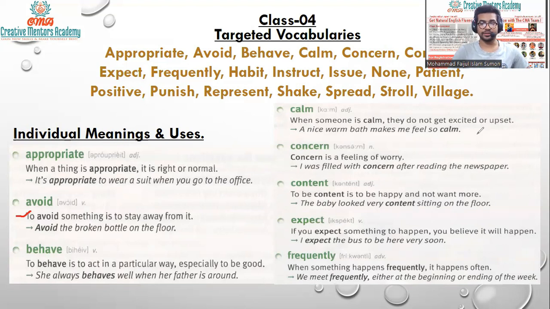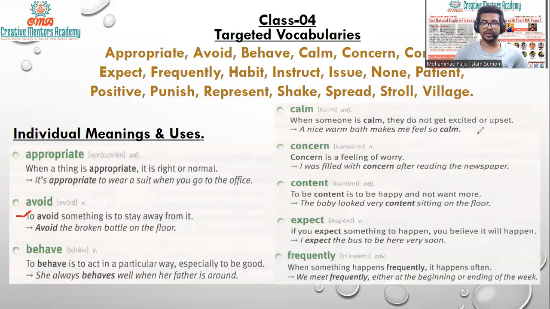Content. To be content is to be happy or not want more. The baby looked very content sitting on the floor. Content means if you are not so greedy, you feel so happy when you get something.